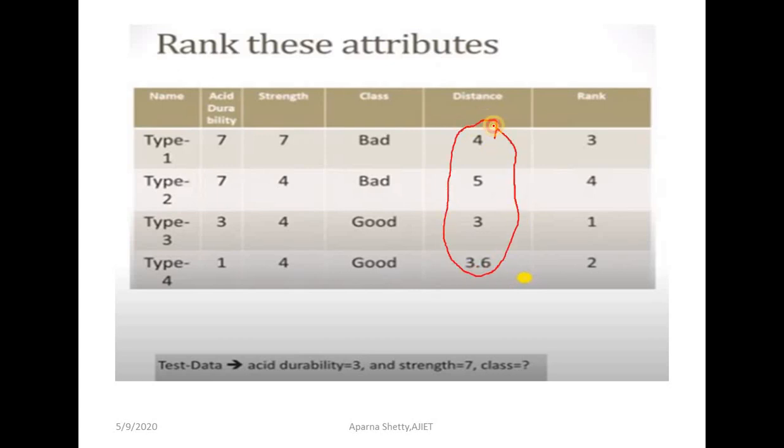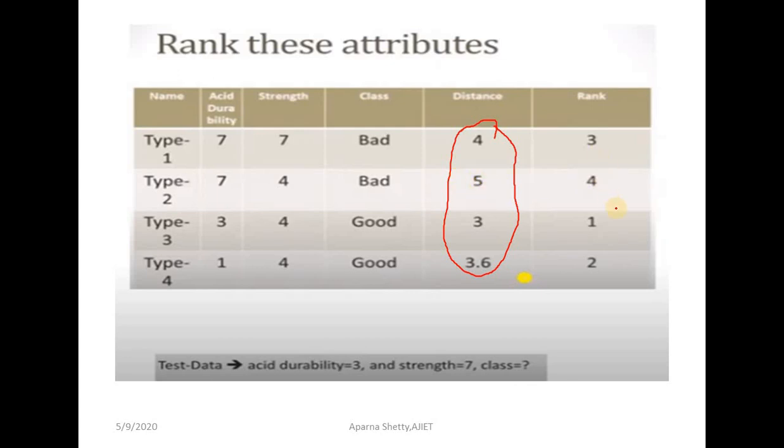Next, once we have calculated the distance, we have to rank these distances. So the smallest distance is 3 here. You will give it a rank 1. The next smallest is 3.6. You will give rank 2. The next smallest is 4. You will give it a rank of 3. And finally the next smallest record is 4.